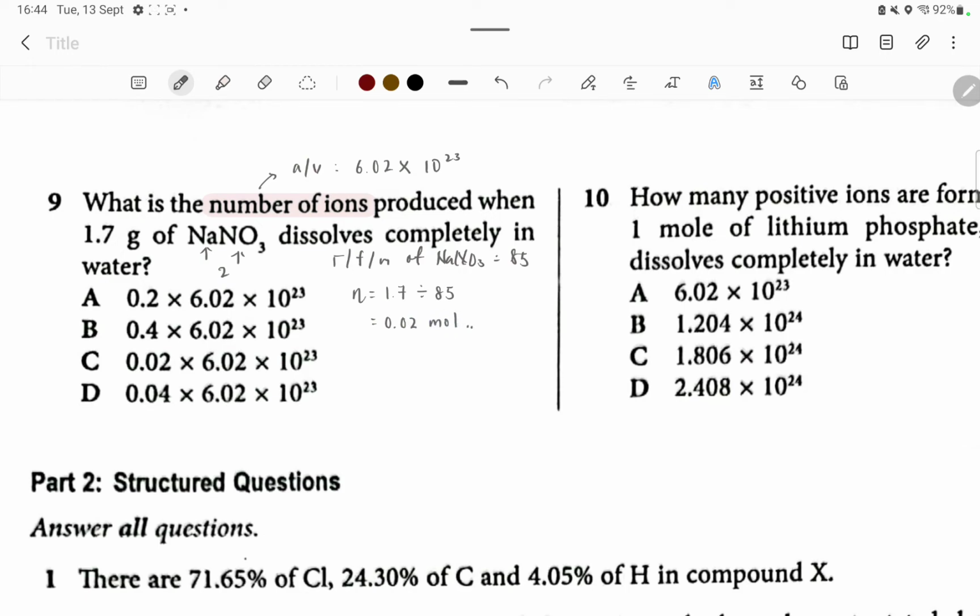So the number of ions in this one should be the number of moles multiplied with the number of ions per particle. So 0.02 times 2, you get 0.04, multiplied with 6.02 times 10 to the power of 23. And then this one you just copy down. So your answer should be D.